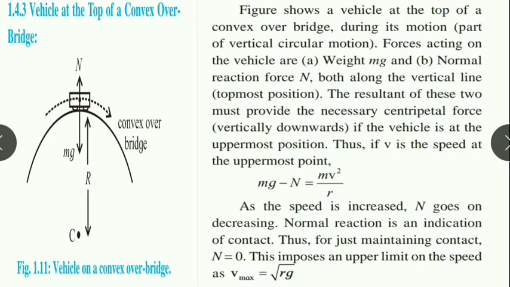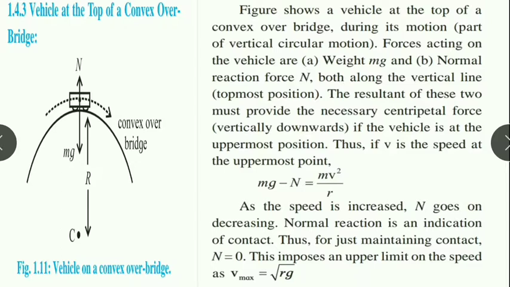Thus, if v is the speed at the uppermost point, then mg minus N is equals to mv square upon r. As the speed increases, N goes on decreasing. We know that normal reaction is an indication of contact.